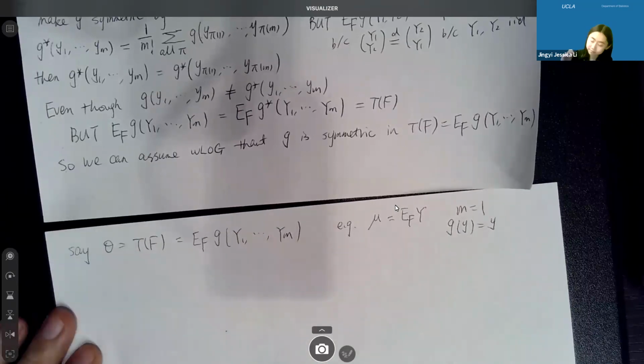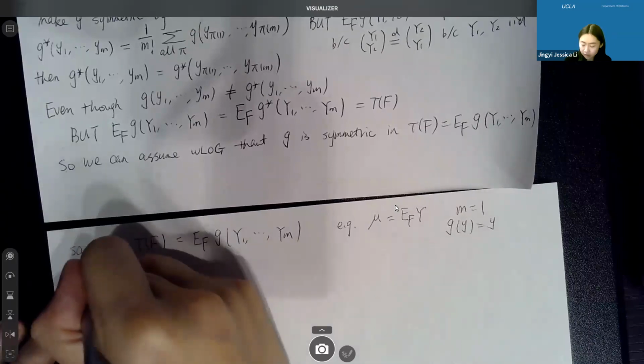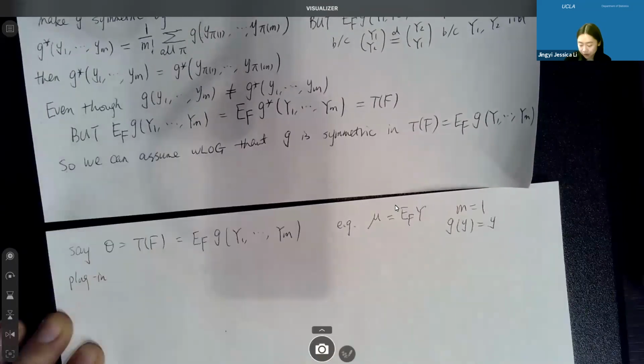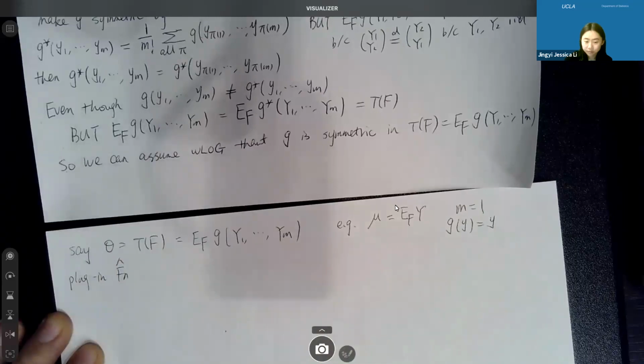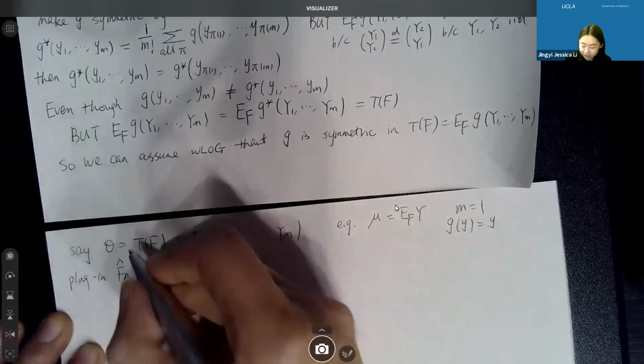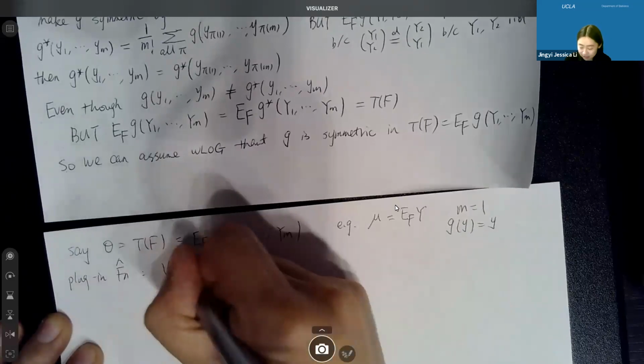Now let's do plugging in. We plug in Fn hat, the sample empirical CDF. And we actually give it a name. It's called a V statistic.